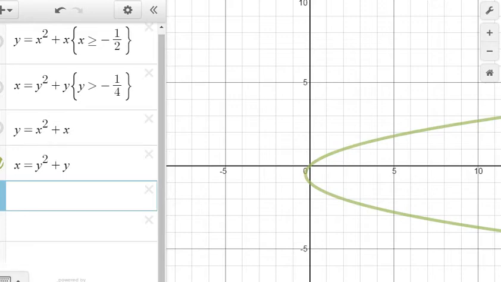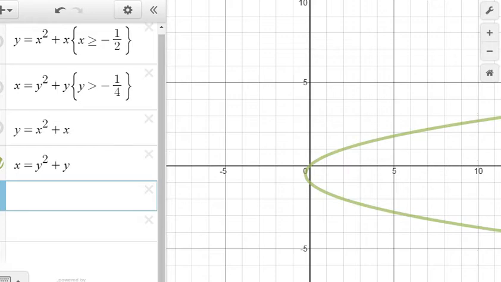Let's play around with this a little bit more. Let's try problem numbers 86, 88, and 90.